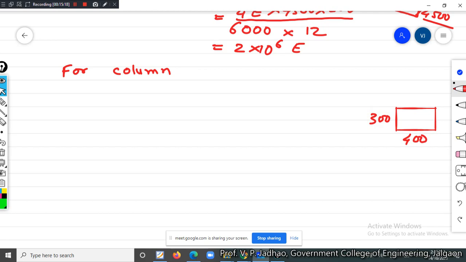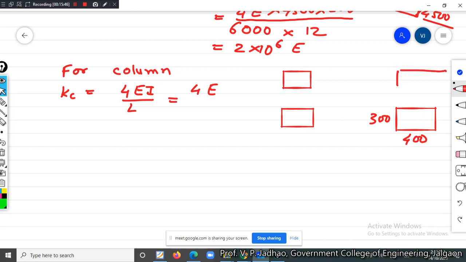The stiffness of a column is given by 4EI upon L. So this is equal to 4, let us keep this E as it is, E times the moment of inertia for this column, that will be BD cube upon 12 again. This is your first column, second column, third column, and fourth column.